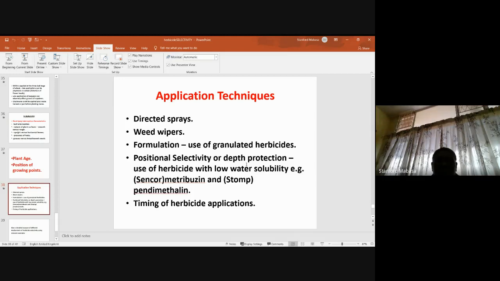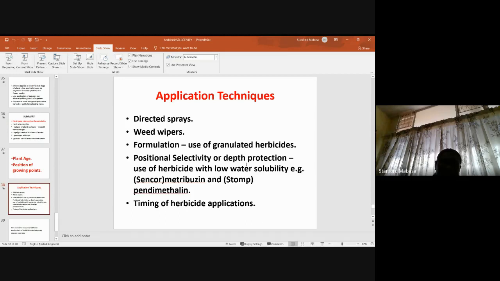Then we talked about positional selectivity or depth protection, where we use herbicides with low water solubility. For example, metribuzin or Stomp, that is pendimethalin.